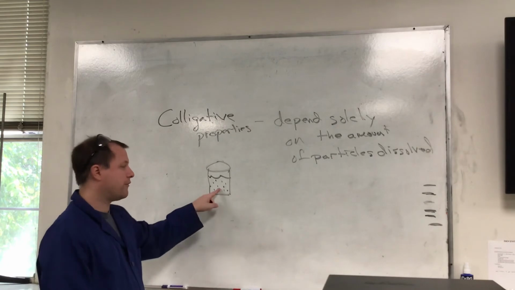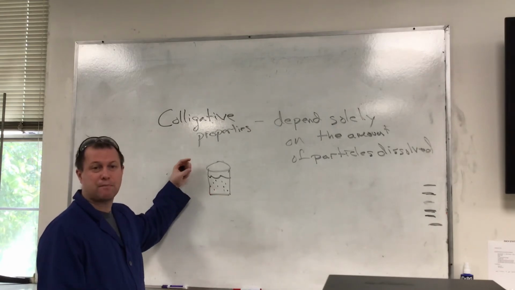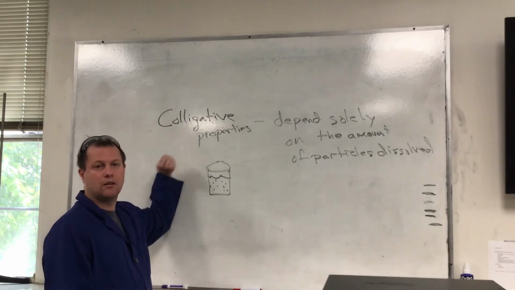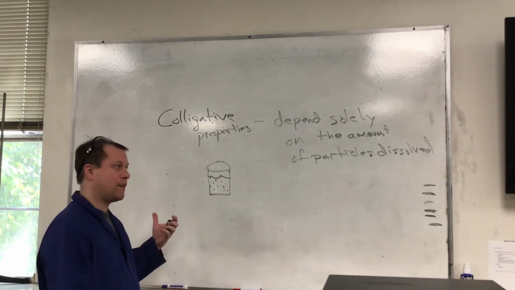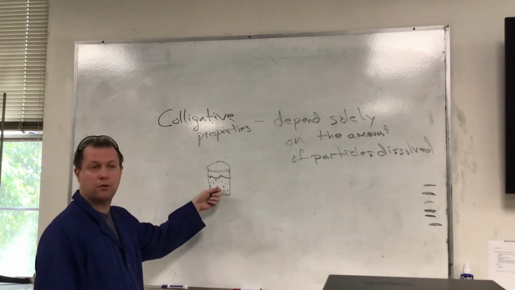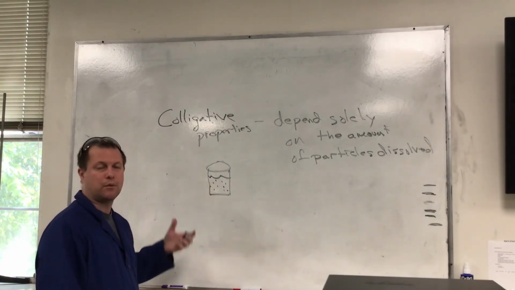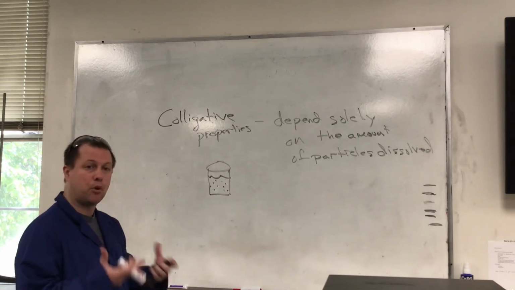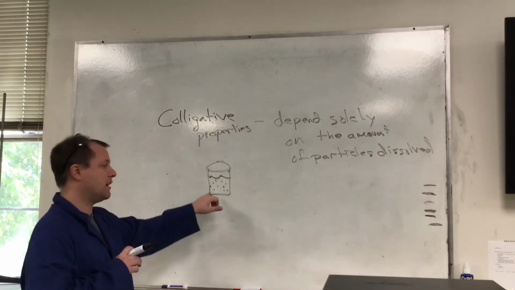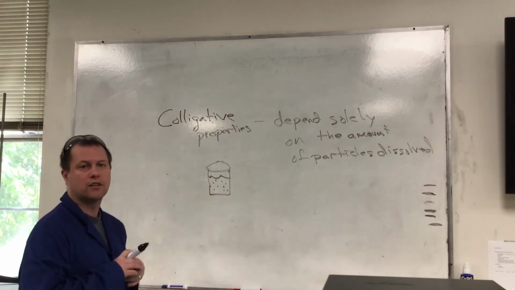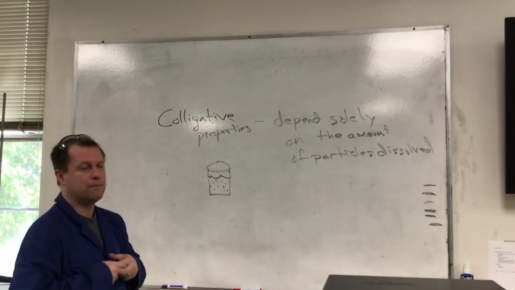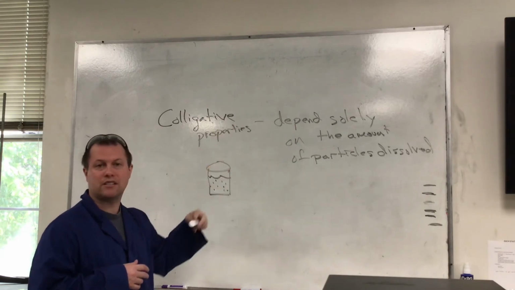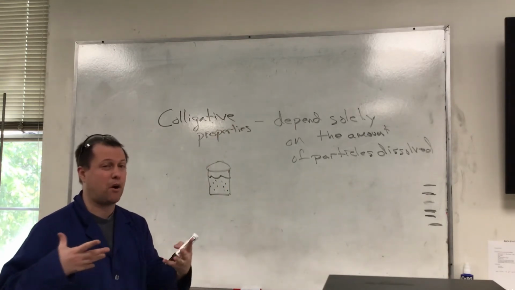So the net effect of more stuff in our solution is that the vapor pressure of the liquid goes down, but things don't boil until vapor pressure hits our atmospheric pressure. To counteract that, in order to get our solution to boil with all the extra stuff inside of it, we have to raise the temperature higher. The net effect is that boiling point increases with the more particles or other things besides the solvent that are dissolved in that solution. And again, the big thing as far as the colligative property is that it doesn't matter what compound is dissolved, it's just how many free-floating particles are in there.